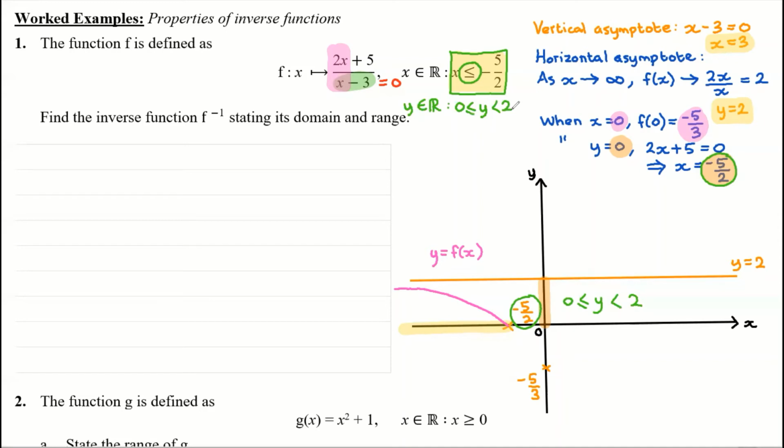Now we're in a position to find the inverse function itself. So let's use the space over on the left. How do we do this? Well, to find an inverse function, this is the process. We'll go step by step. So step one: write the function equal to y.